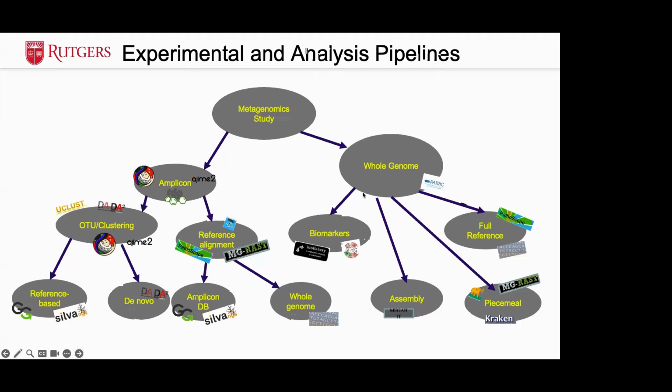Then there are a whole bunch of different tools, methods, and analytical approaches for analyzing these types of data. For example, there's this method, and you can see it's kind of small here. Going back here, this QIIME2 method is the most common method for analyzing 16S-based sequencing data.